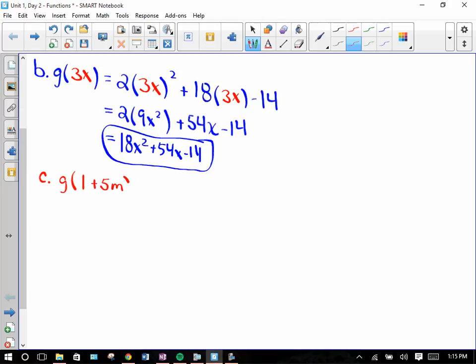In this case you would have 2 times, I'm replacing x with 1 plus 5m, and I'm squaring that, plus 18 times 1 plus 5m.